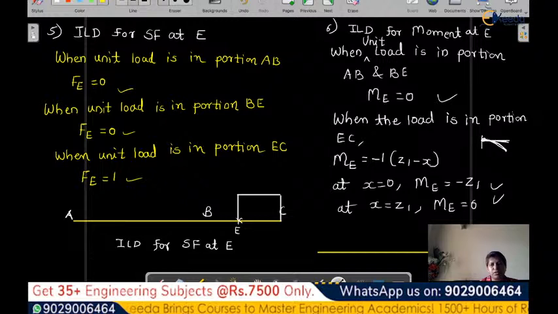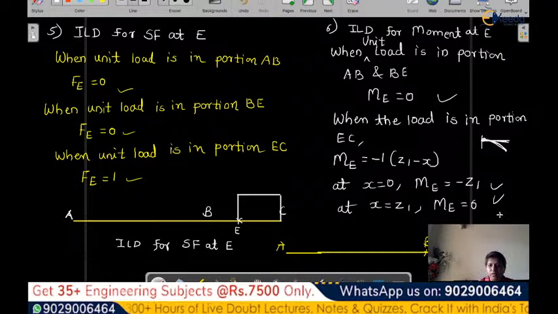So let's draw it. This is our beam. This is A, this is B, this is C, and there is a point E. Here we know it is Z1, and that is negative, so it will go down.